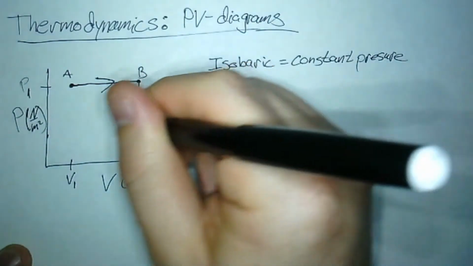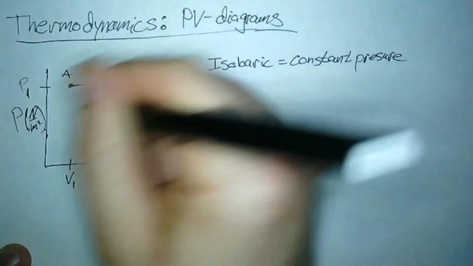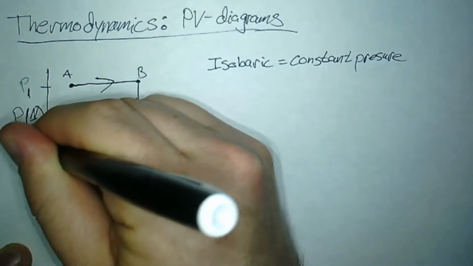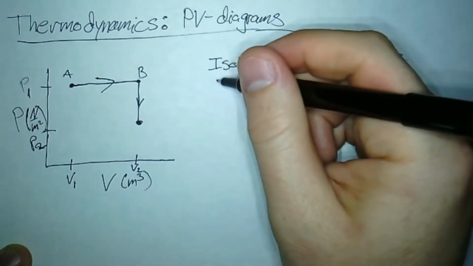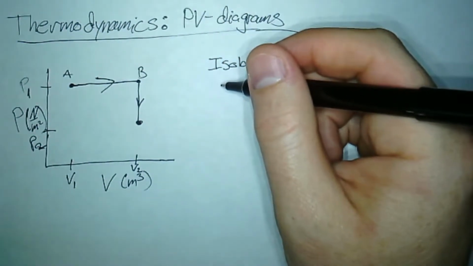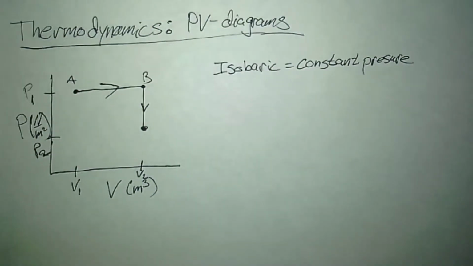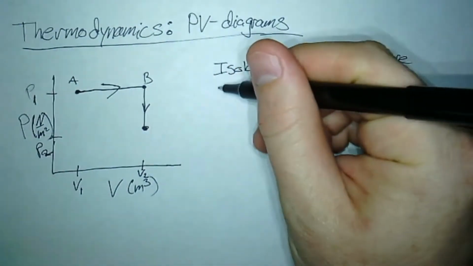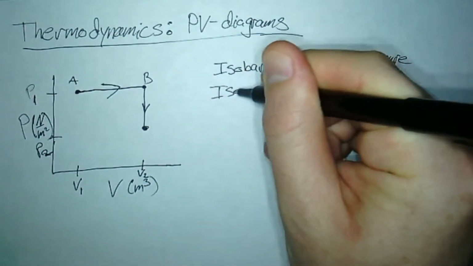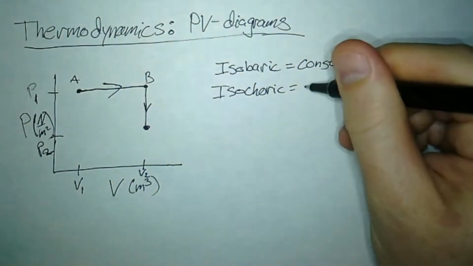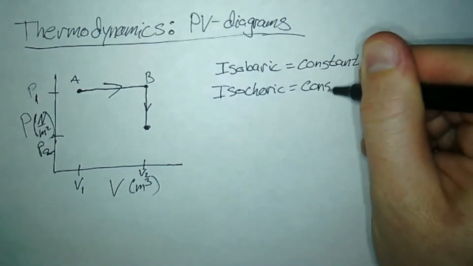So it's going to follow that path, and now you're going to go to pressure 2. And so it's going to be an isochoric change. So isochoric means constant volume. So its pressure is reduced in an isochoric process.